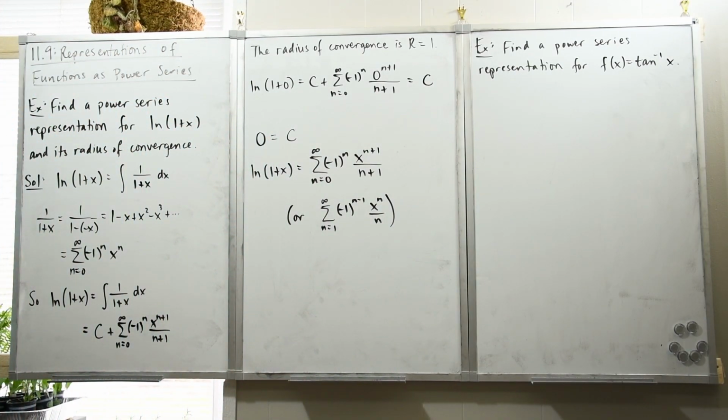If you think about how we might represent f of x equals inverse tangent of x in terms of a power series, let's keep in mind that if we integrate 1 over 1 plus x squared, then we're getting this inverse tangent function.